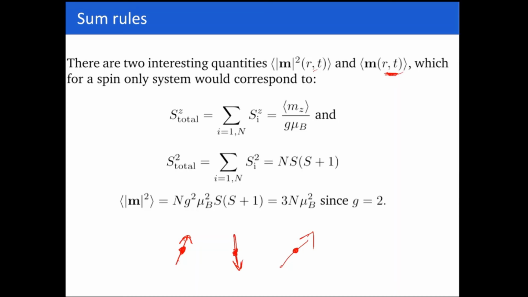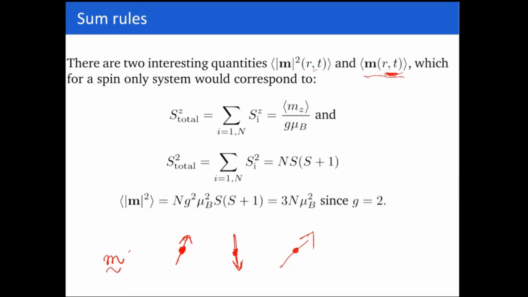The question we could ask is what's the average m squared or m on an atom in some crystal. If we just take the m first, so we're averaging m, m is a vector in general.